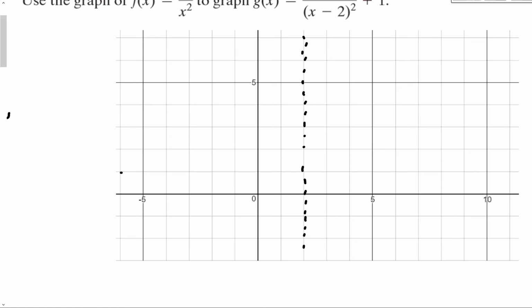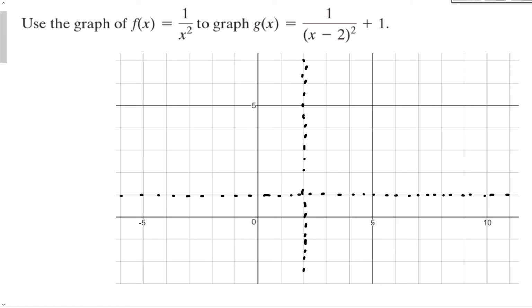And if I shift it 1 up, it's going to have a vertical asymptote at 1. And you should get into the habit of drawing vertical and horizontal asymptotes with dotted lines. It will definitely help you.